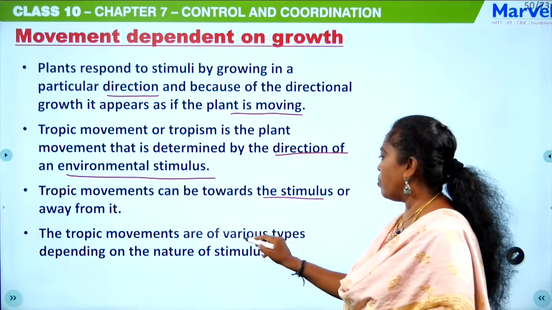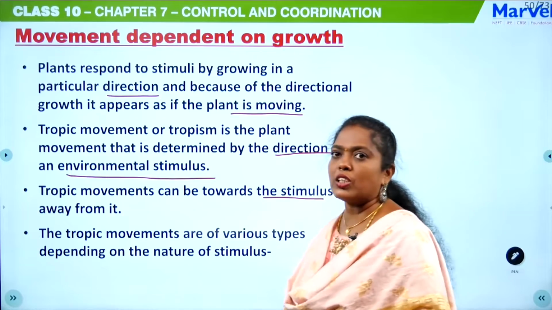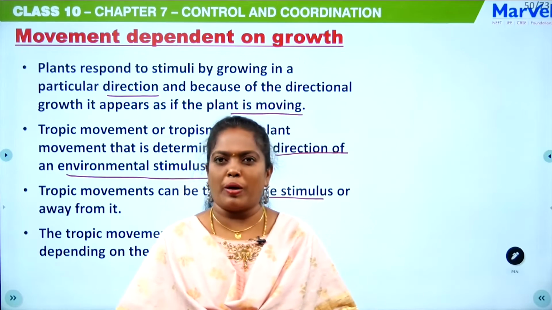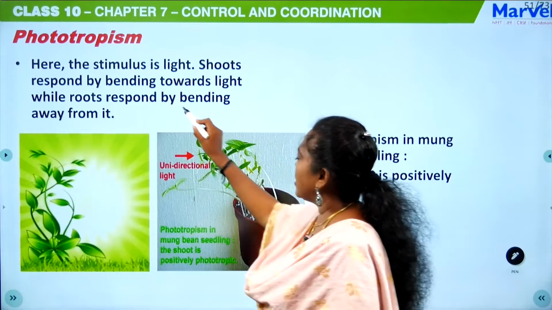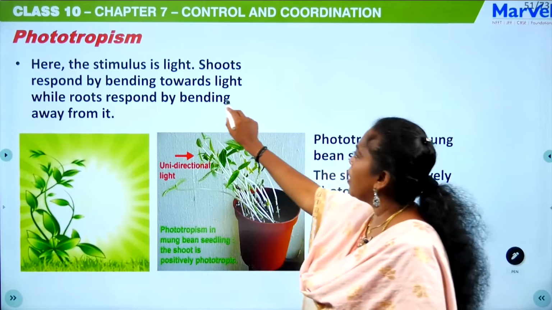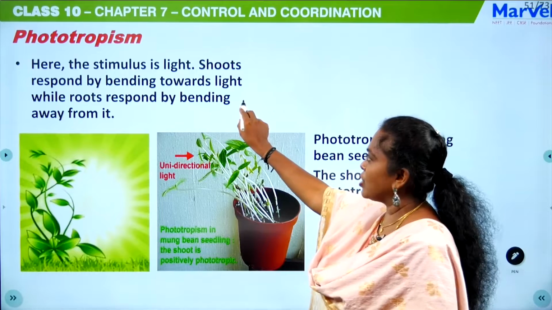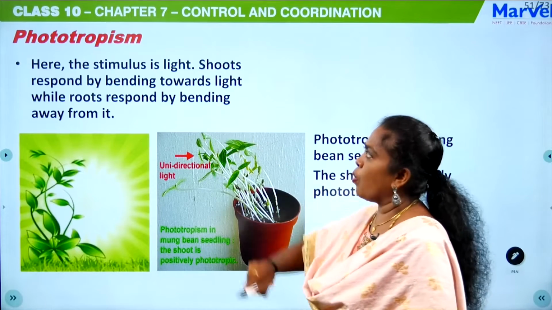Tropic movements are of various types depending on the nature of the stimulus. We will see them one by one. First is phototropism. Here the stimulus is light. Photo means light. The shoots respond by bending towards light while roots respond by bending away from it.